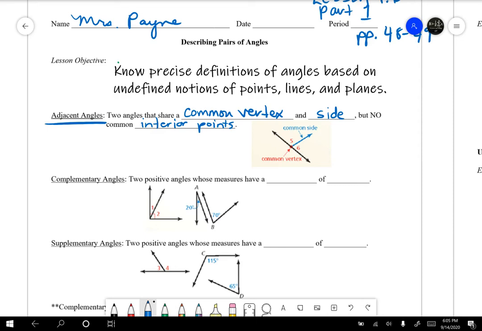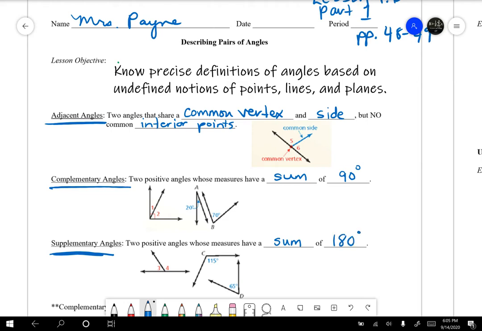Now, complementary angles, you probably already know this. They're two positive angles whose measures have a sum of 90 degrees. And supplementary angles are two positive angles whose measures have a sum of 180.